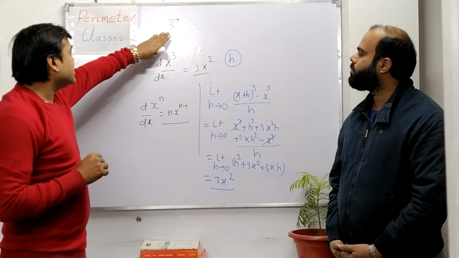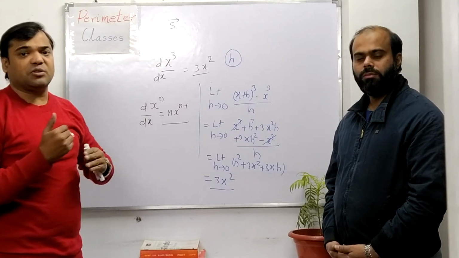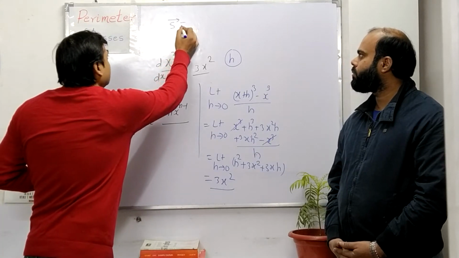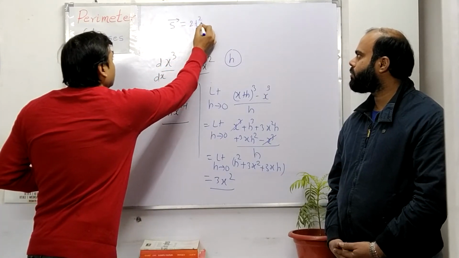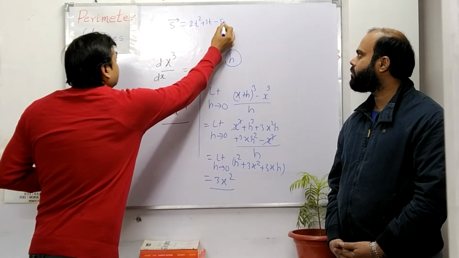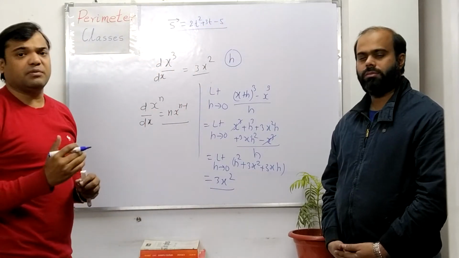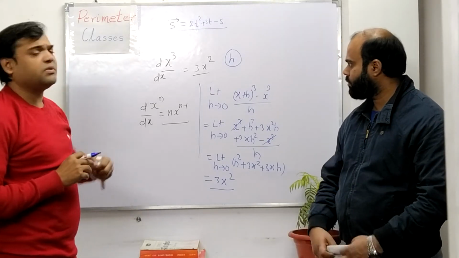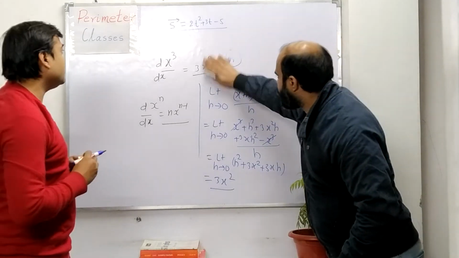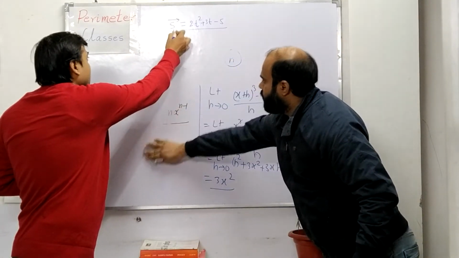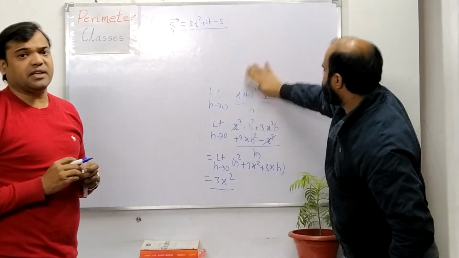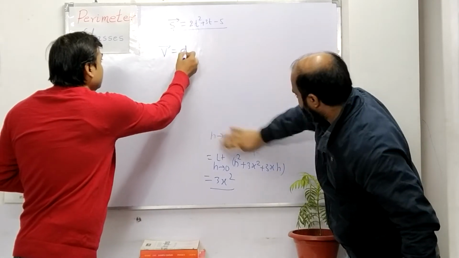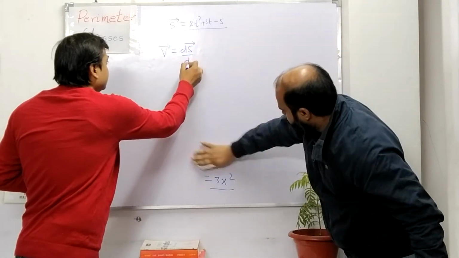So if we calculate the value of displacement as a function of time, at any given time t, let us say the displacement is s is equal to 2t square plus 3t minus 5. Let us say this is a general value of displacement at any given point of time. So what is the value of velocity at that time? The velocity is simply the rate of change of displacement at a given time, and rate of change means we can write this equation as v equals ds by dt.